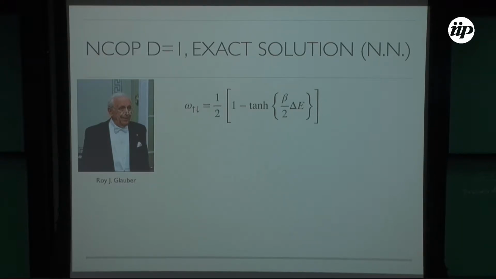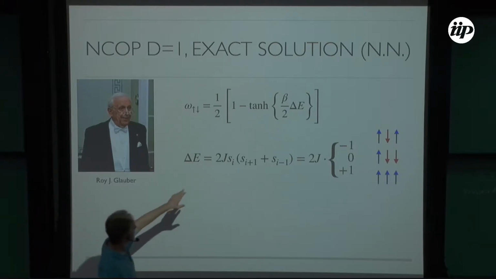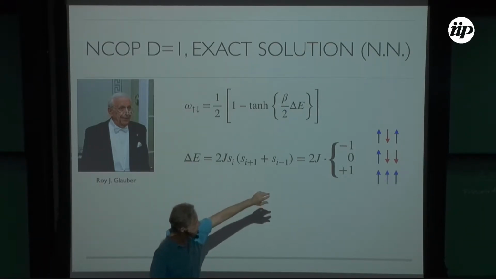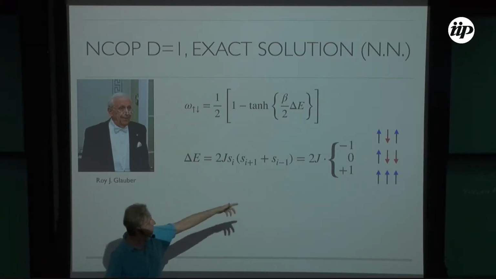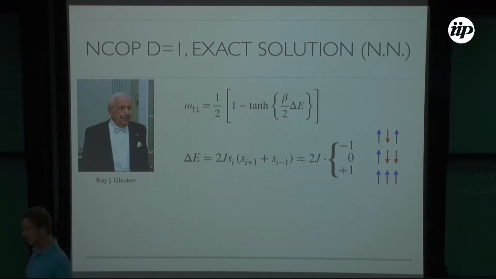Glauber used this transition rate, which after him is called the Glauber transition rate. The simplification is due to the fact that the variation in energy due to a spin reversal can only take 3 values in 1D.